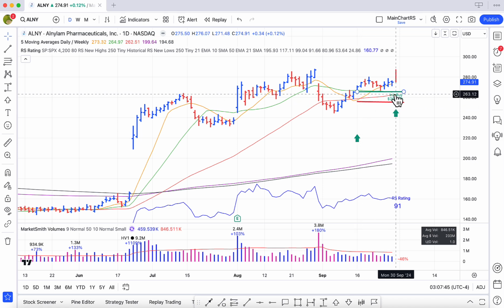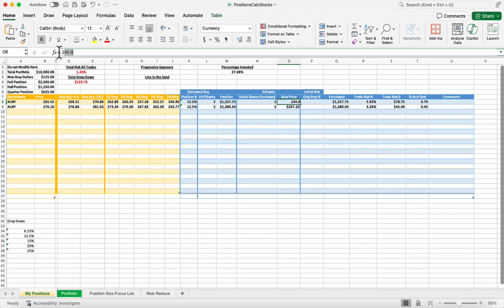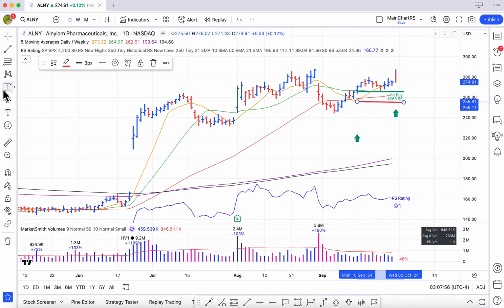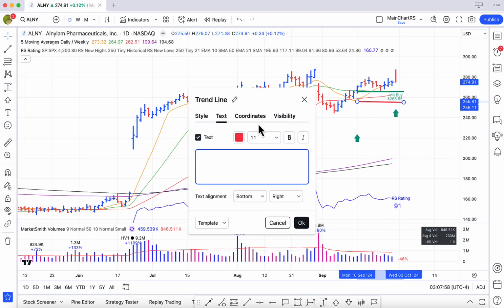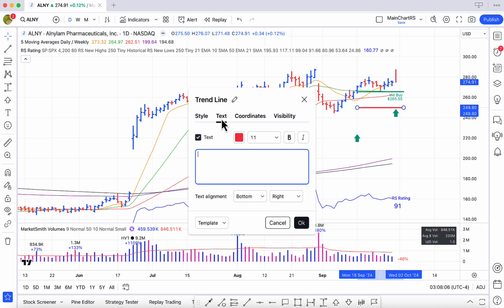Now, again, everybody can mark up charts. And then I'll do the same for the stop. So if I go to the stop, for me, it's very important to put in the coordinates, right? So that way I can know exactly what I'm watching.